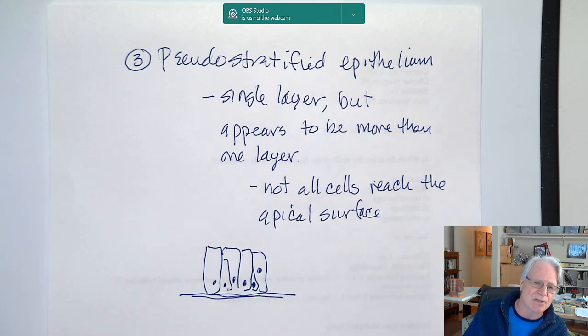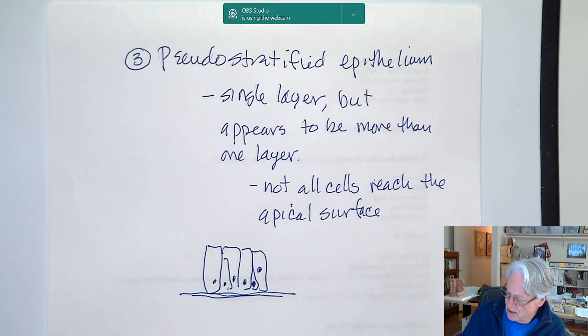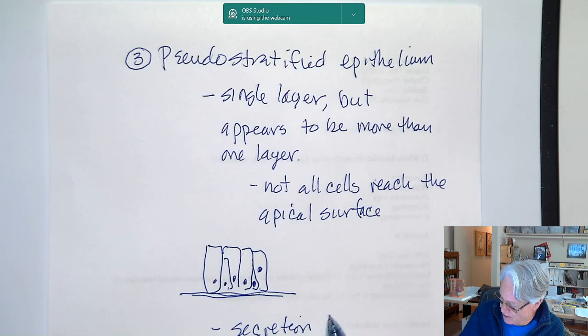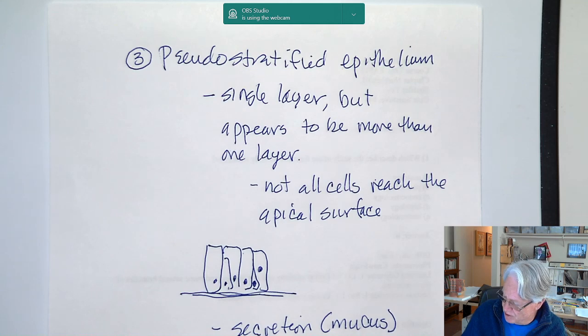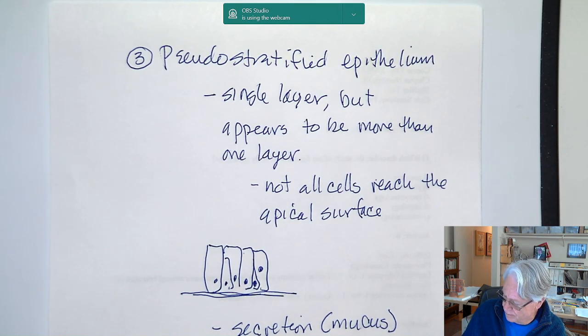And in fact, it's just a small cell that doesn't reach the apical surface. And this type of tissue is involved in secretion. And we're talking about mucus, which also means that we're talking about protection.